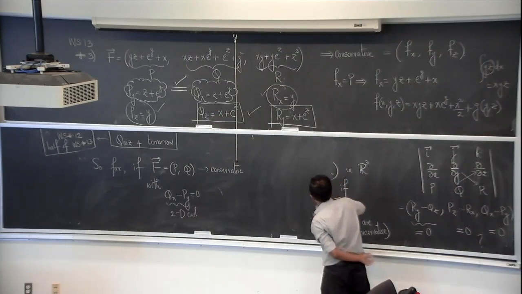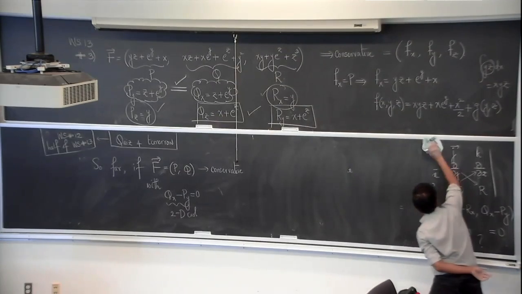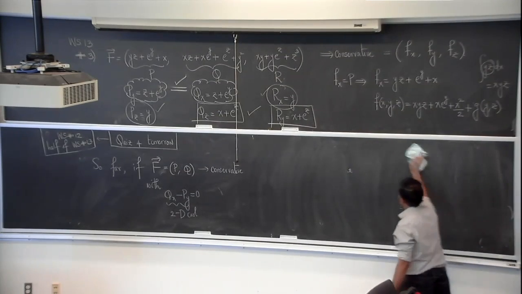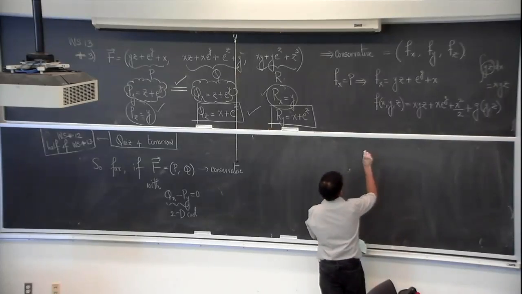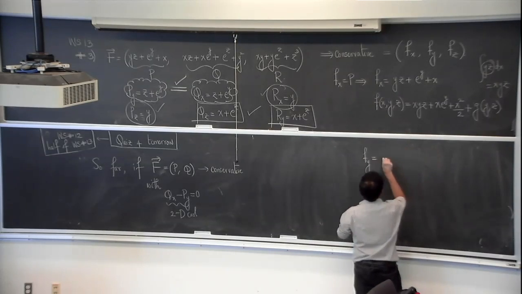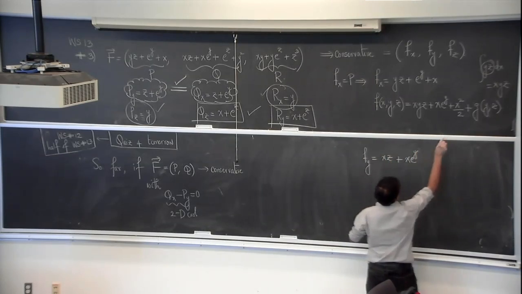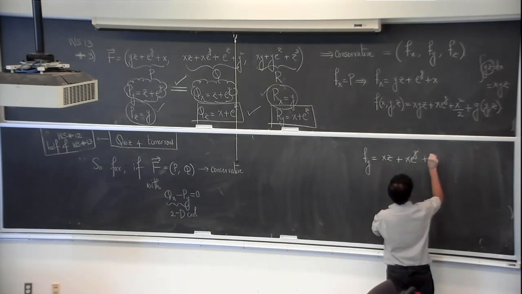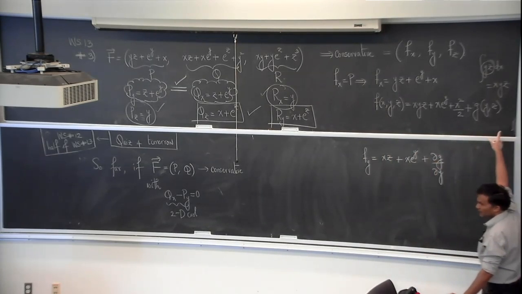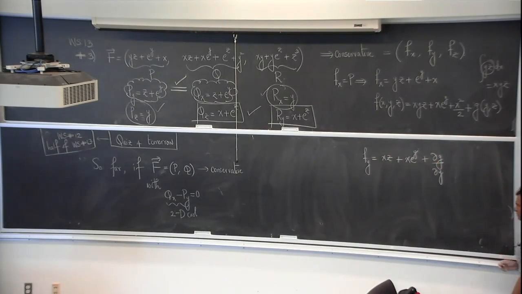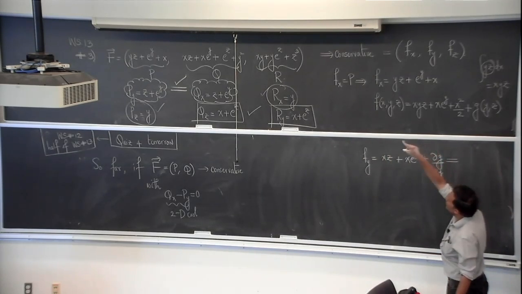Find its partial derivative with respect to y. That will be x times z plus x e to the y plus nothing plus partial g with respect to y. It is not g prime of y because there are two variables there. So technically it's a partial derivative of g with respect to y. And that should be equal to Q from there.